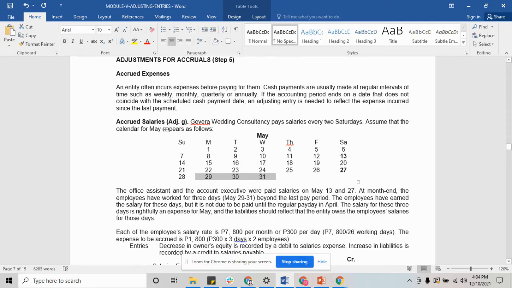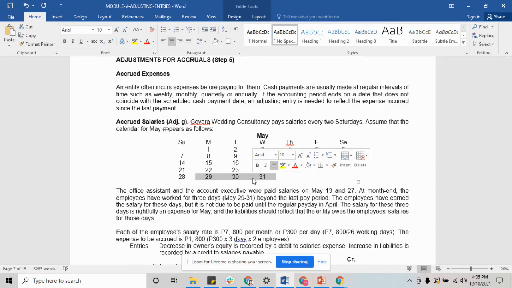So, the employees have earned the salary for these days, but it is not due to be paid until the regular payday in June. The salary for these 3 days is rightfully an expense for May. So, dahil pumatak siya sa May, pero hindi mo siya nabayaran kasi last na bayad mo sa empleyado mo daw 27. So, itong 29, 30 at 31, sa June mo pa siya babayaran.